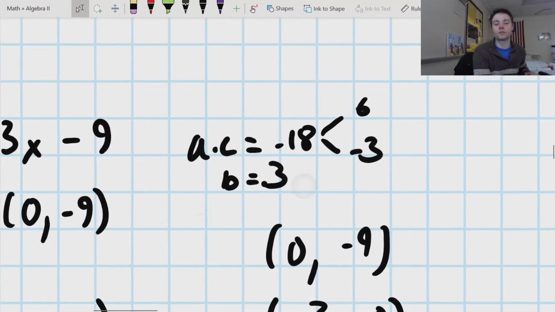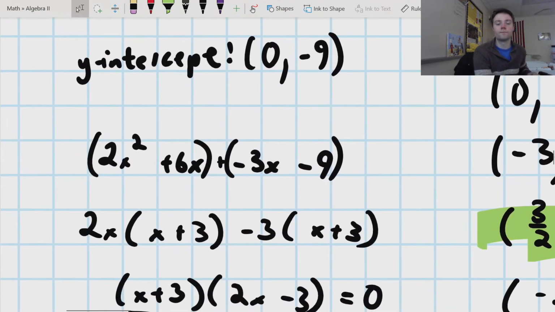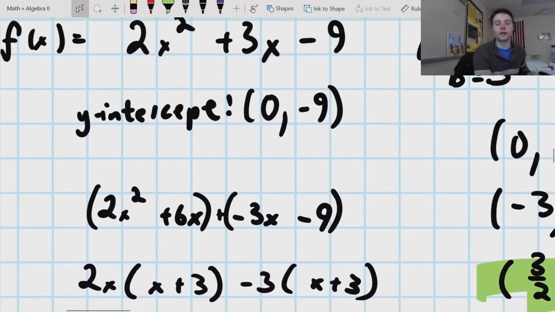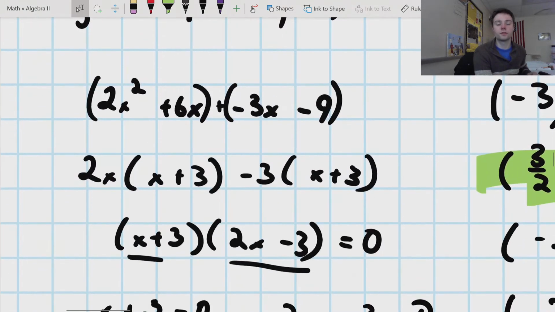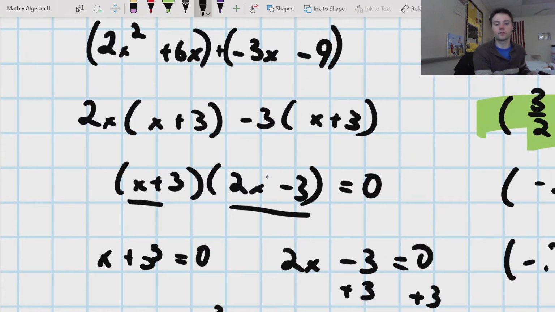So the two numbers that multiply to be negative 18 but add to be 3 are 6 and negative 3. So what you're going to do is split up your x term of your function and start to factor that. So I put in 6x here and negative 3x here. Out of these two, I factored out a negative 3. Out of these two, I factored out a 2x, and I'm left with x plus 3 times 2x minus 3.